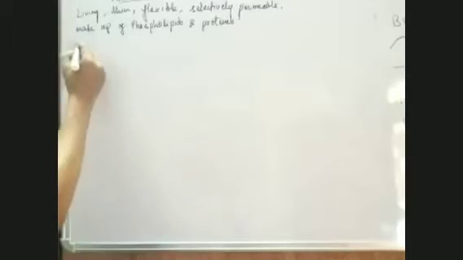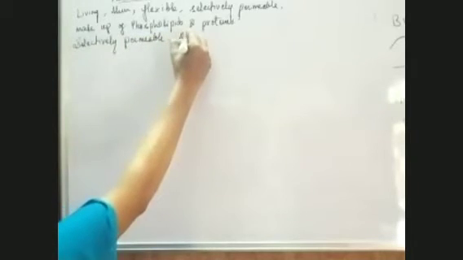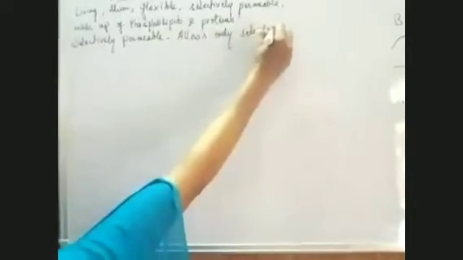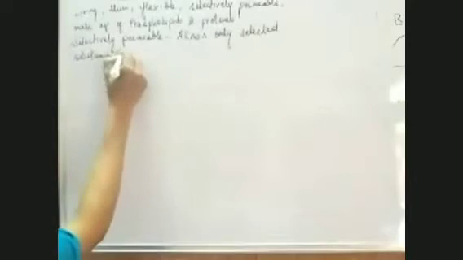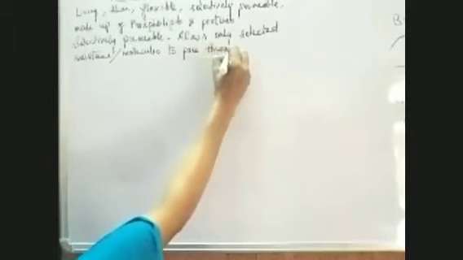Selectively permeable means it allows only selected substances or molecules to pass through it. That is why we say that it is selectively permeable.